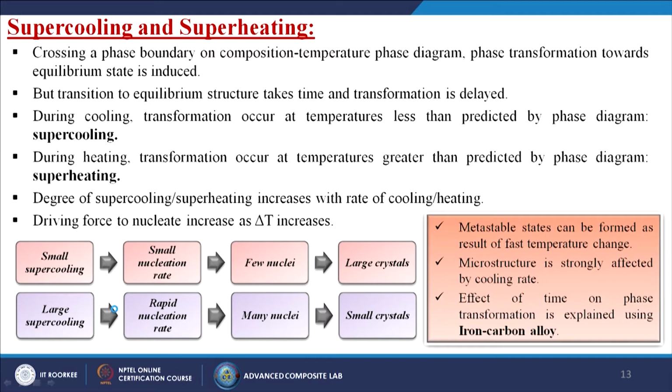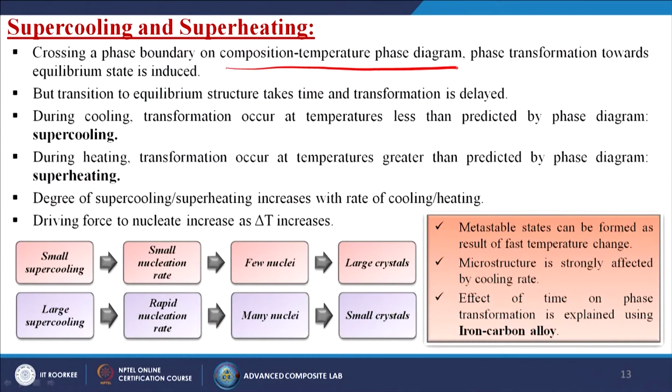Now, we are going to discuss supercooling and superheating, because they have a very high impact on nucleation or grain growth. On crossing a phase boundary on a composition temperature phase diagram, phase transformation towards the equilibrium state is induced, but the transition to the equilibrium structure takes time and the transformation is delayed.